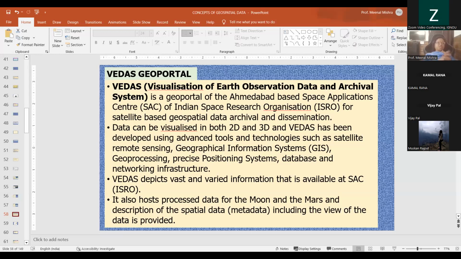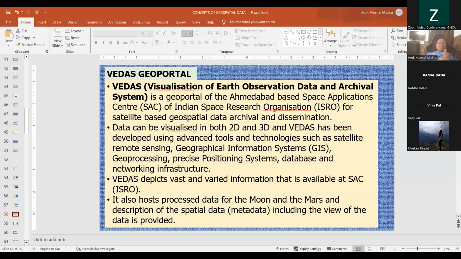You can use this data, and it can be visualized in both 3D and 2D. It has been developed using advanced tools and technologies such as satellite remote sensing, geographical information system, and geoprocessing.